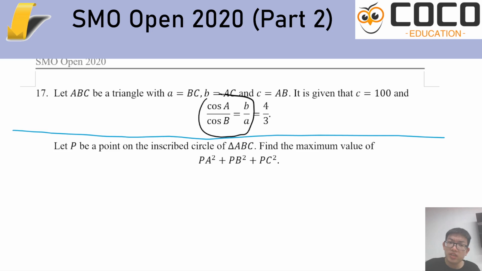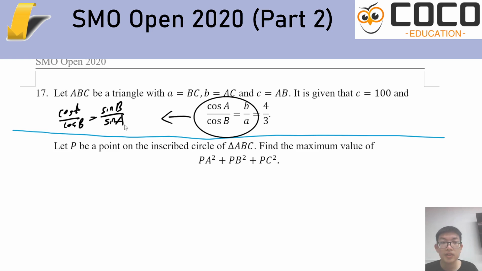This looks weird. It looks weird because I can see that B over A is actually sine B over sine A. And so therefore, this looks very much like as if I swap them over.